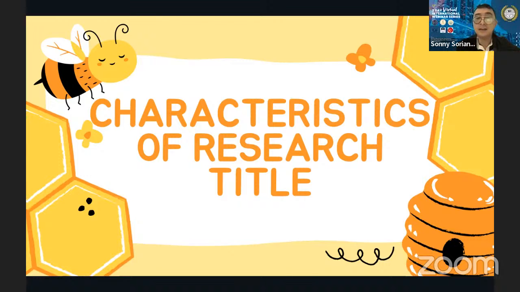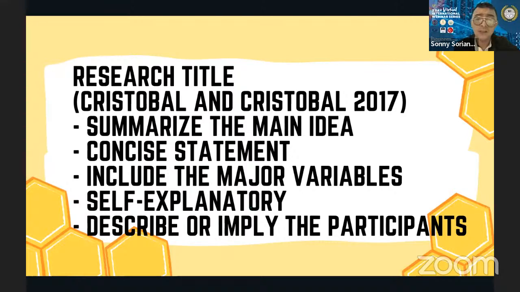What are the characteristics of a research title? Number one, according to Cristobal and Cristobal of 2017, research titles should summarize the main idea. Second, a concise statement, with no beating around the bush. The information in the title should be accurate. Everything is there once you read it; the statement is concise. Also, you must include the major variables.